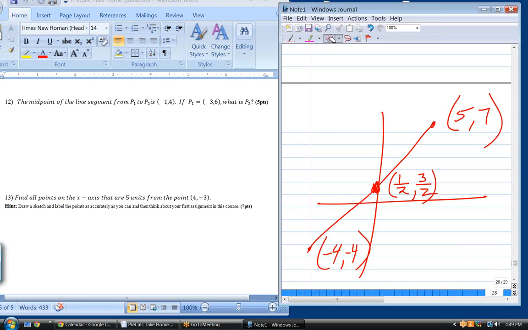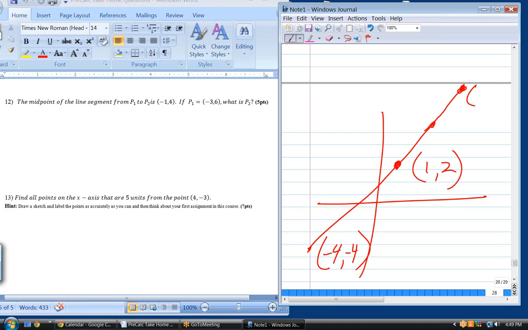Now, let's say that I have the opposite problem. Let's say that I know the midpoint, but I don't know the other end point. But the midpoint is 1, 2.